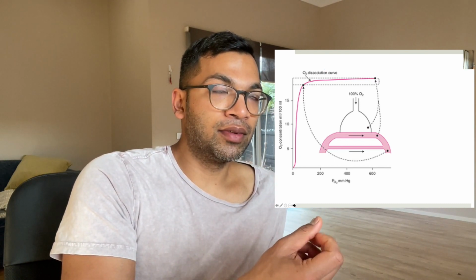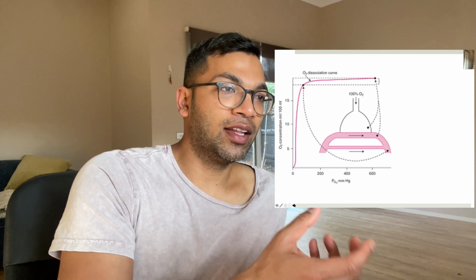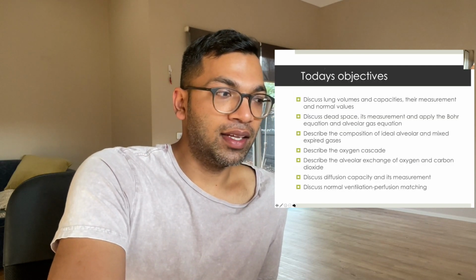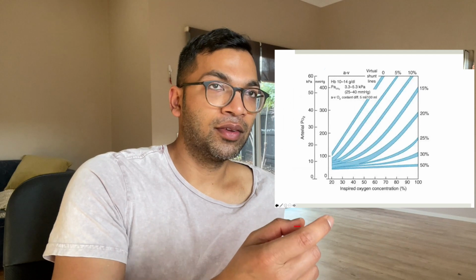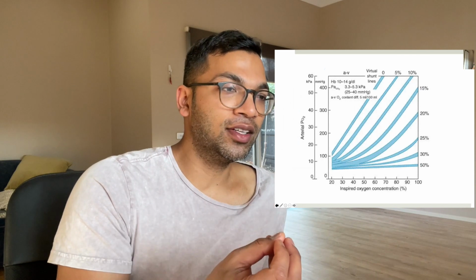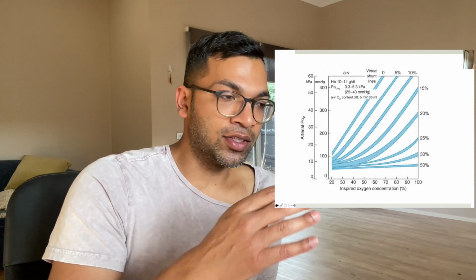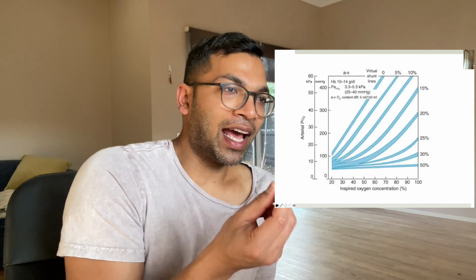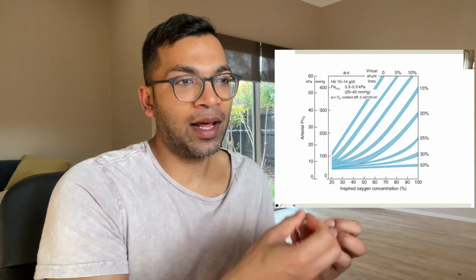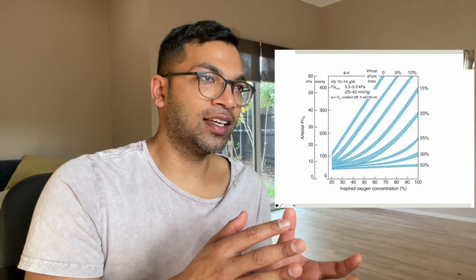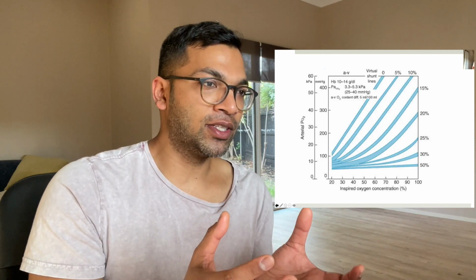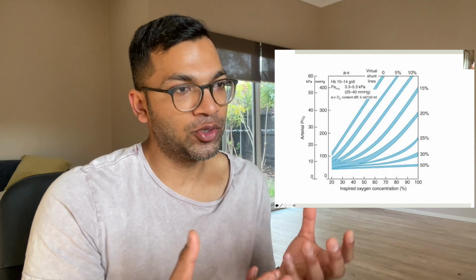True shunt may be rarer than we think in certain circumstances, and just having suboptimal lungs will mean that, if you take every single lung unit, suboptimal VQ matching means it will add a little bit of not ideally oxygenated blood. This concept is just trying to add up all of those bits. You can see how if you take a pretty okay lung, which doesn't have any shunt, you might still have a bit of venous admixture that accounts for that difference. And so I think that's why we talk about it in those terms.